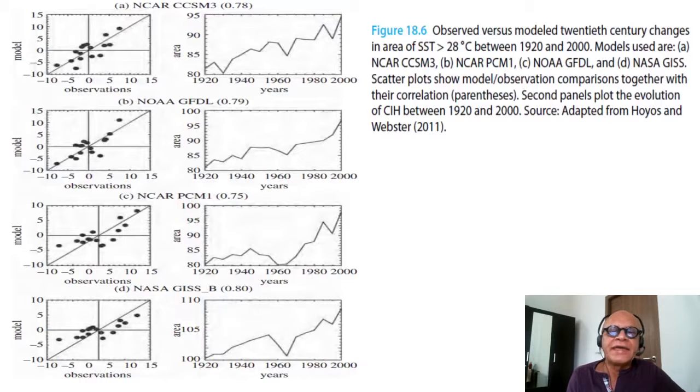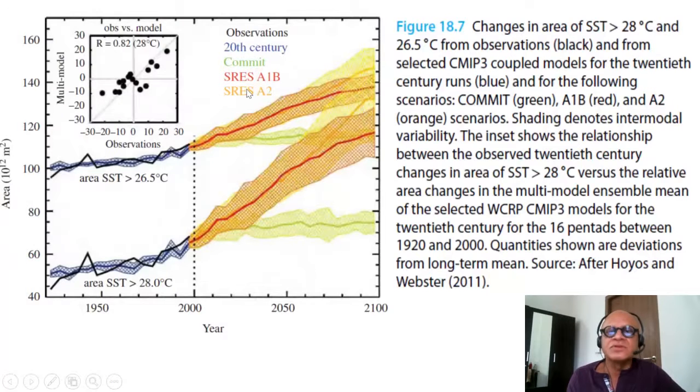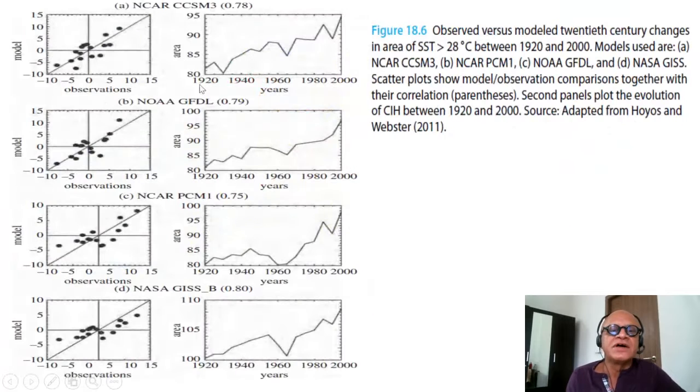And the area of the oceanic warm pool between 1920 and 2000 is shown. Sorry, this is the area of the SST greater than 28 degrees centigrade, and they all show a systematic increase.